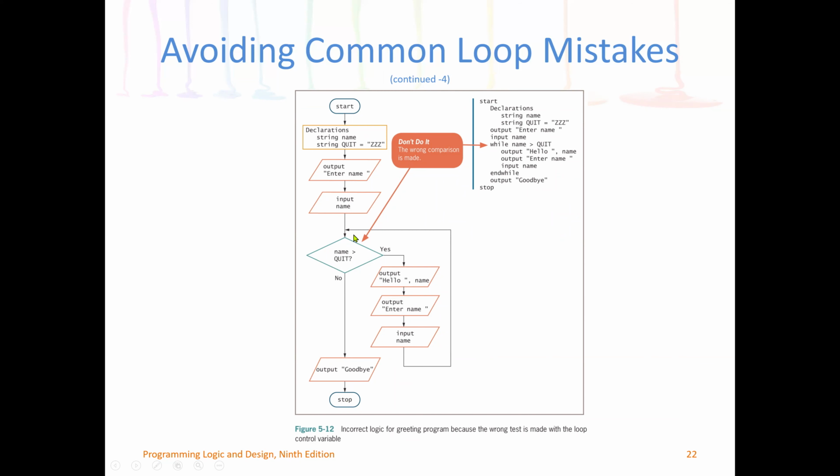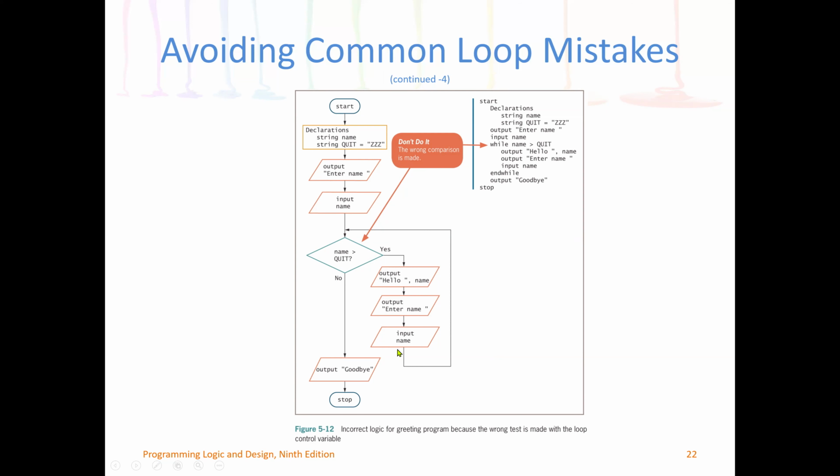The reason is that the name, for example, is the loop control variable for the counter control loop here. And here we have the string that the quit is always z.